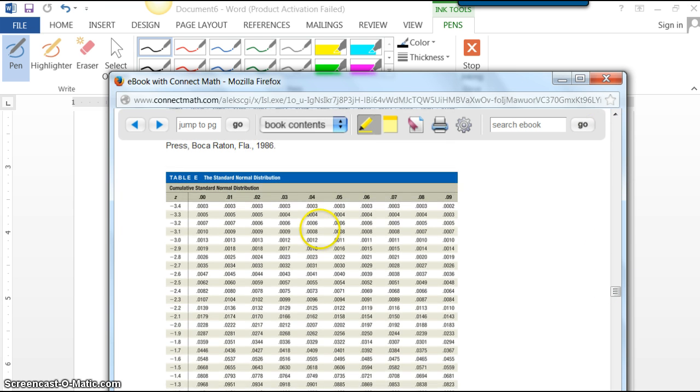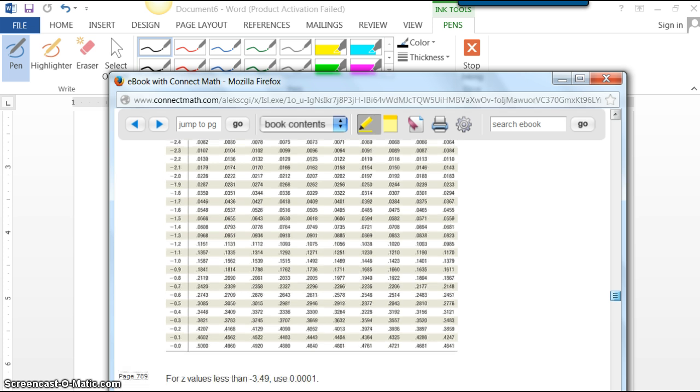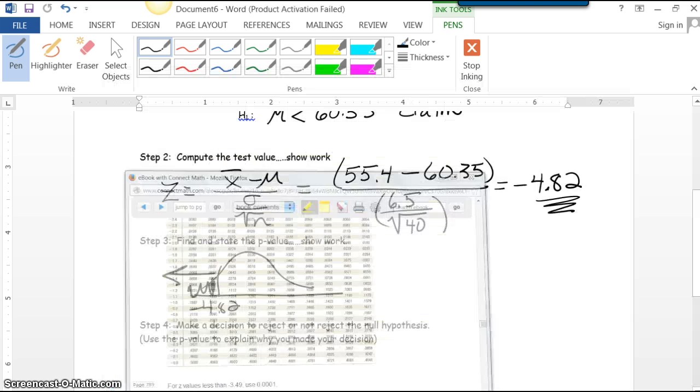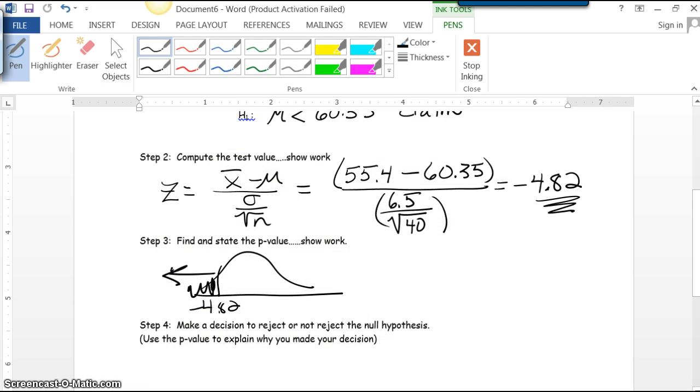If you look, the highest this goes is negative 3.49, but then when you look at the bottom, it says for z values that are less than negative 3.49, use an area of 0.0001. So that's what we'll have to do because our test value is so small. So we'll be using an area of 0.0001, even though we're not on the table.